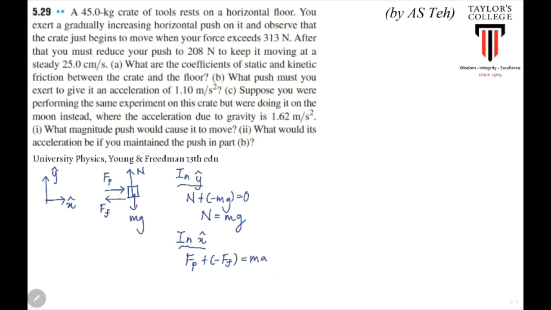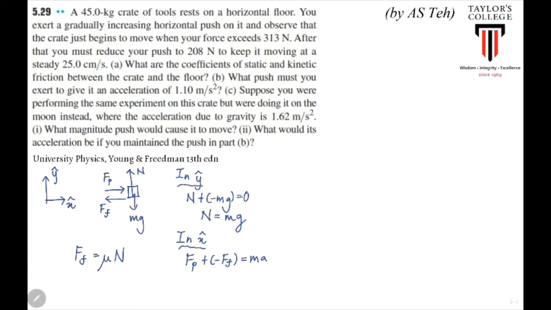Although in the first situation, basically there's no acceleration, a equals 0. Even in the second situation, a equals 0. But we will be using this later, so let me put this as ma. We also know the F friction is equal to mu N. I've left mu not labeled, so it could be mu s or mu k, meaning the static coefficient of friction or the kinetic coefficient of friction.